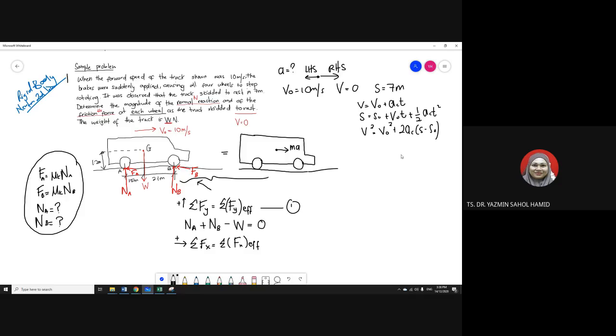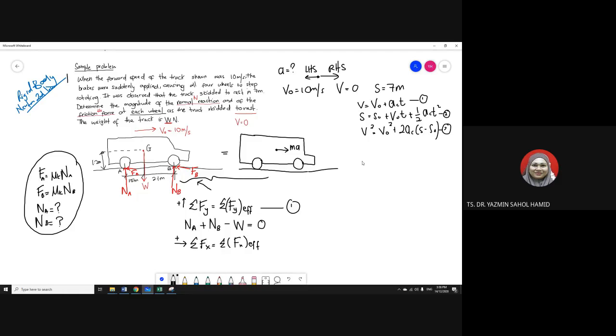So which formula can you use to find A? The first, second, or third? What do you think? Number 3. Yes, number 3.